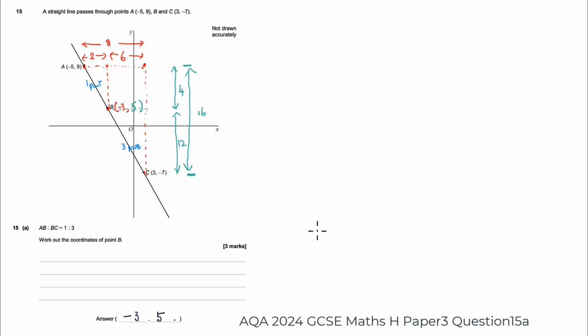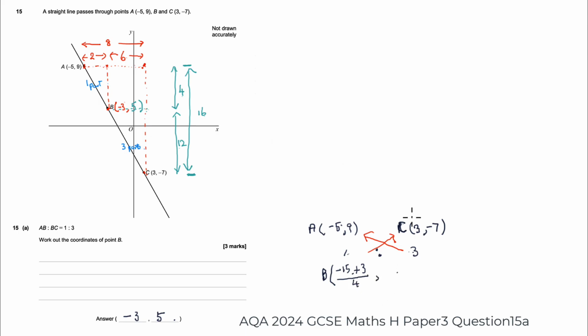Now there is another way that you may have been taught to do this, and that's by taking the coordinates of A and the coordinates of C, and we write the ratio down, 1 to 3, and then we use a cross to find the coordinates of B. And we get the x-coordinates by going 3 times the x-coordinate, 3 times -5, that's -15, plus 1 times the x-coordinate of C, 1 times 3 is 3, divided by the sum, 1 plus 3, which is 4.